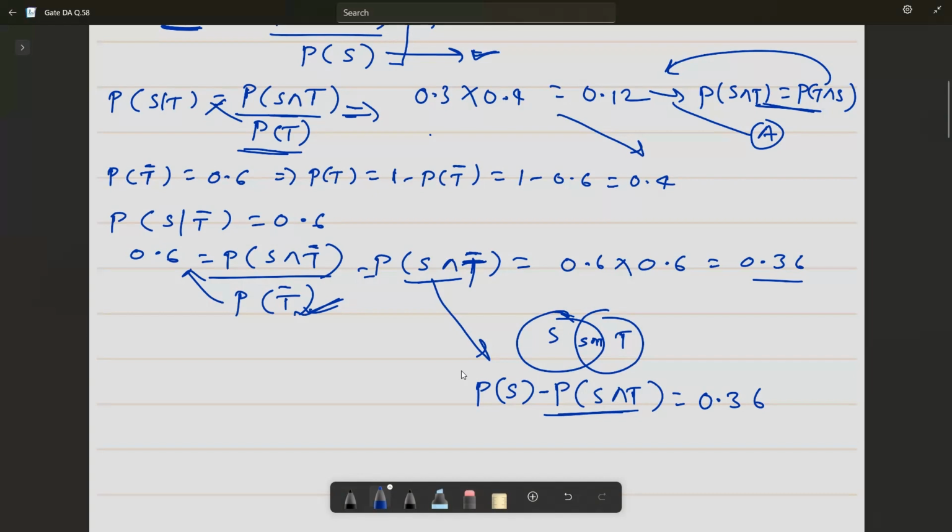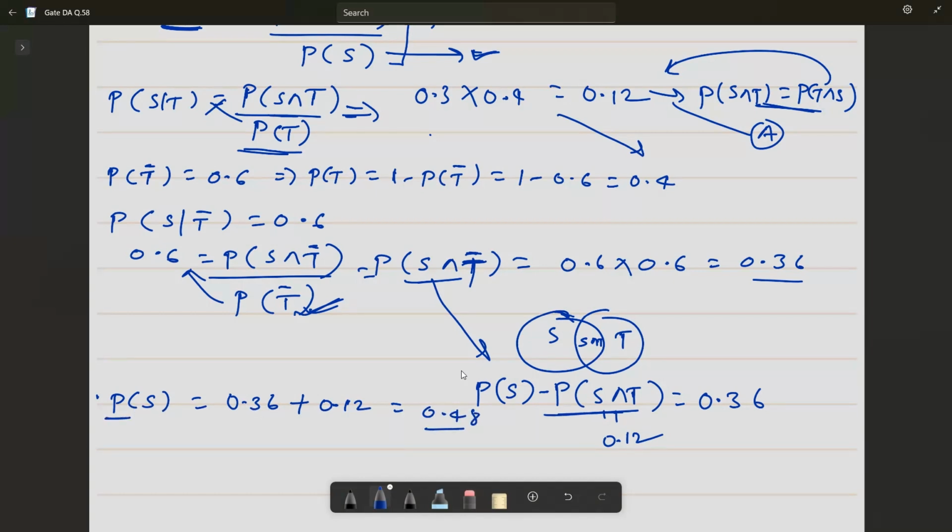From here we can find the probability of S. Probability of S will be 0.36 plus 0.12, which we found earlier. So it will become 0.48.